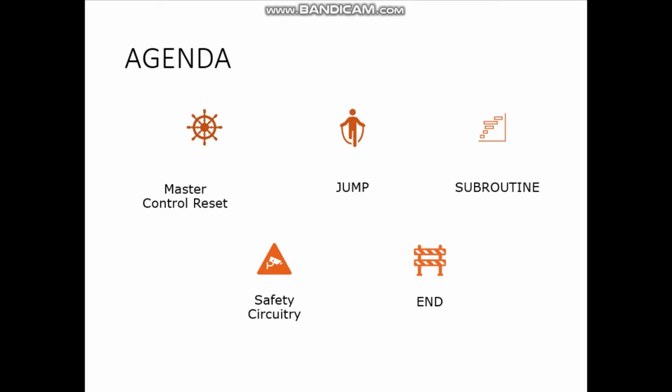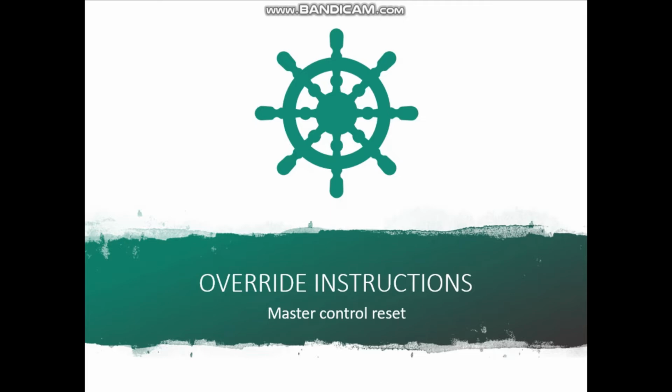All of these instructions are basically used to override certain parts of your PLC program so that you can do certain functions or certain control irrespective of how many lines you have in your program. First, we are going to look at the master control reset.